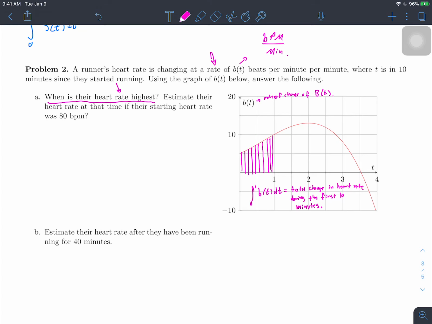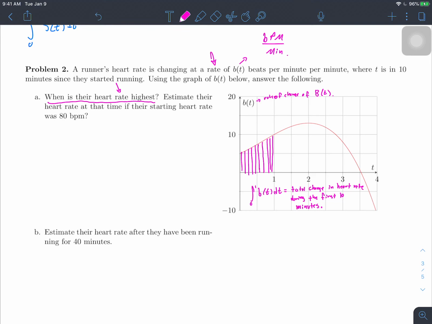So what we really need to do is just consider that we have a quantity. Beats per minute is measured as a number, so it's a quantity. And we are given a function which represents a rate of change of that quantity. So the integral from a to b of the rate of change is going to represent the total change in that quantity from a to b.